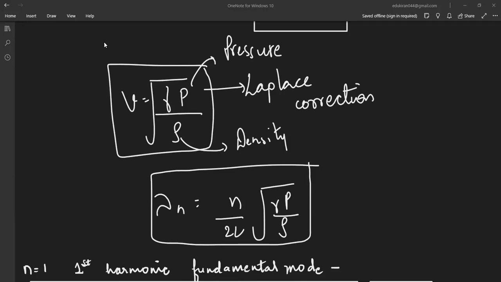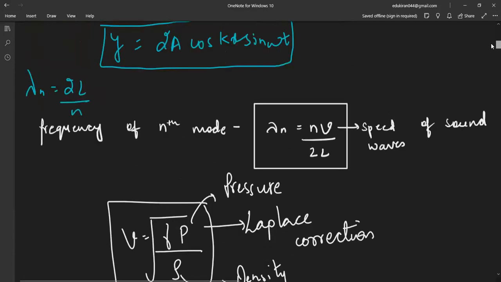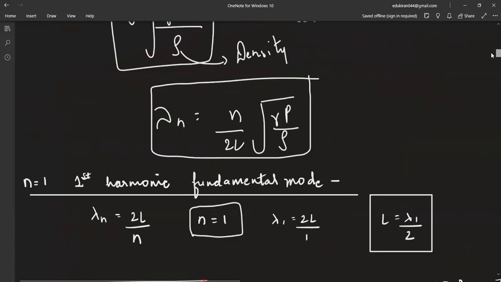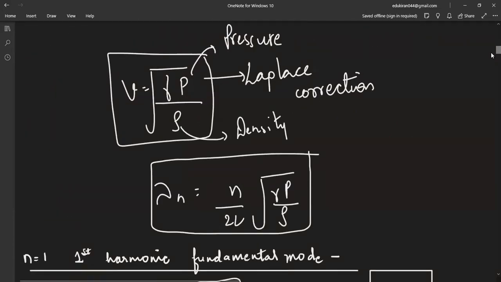Gamma is the coefficient of volume expansion? Yes, Harsha? No, gamma is the constant Cp over Cv. We had done this in the thermal unit, thermal physics also we had seen. Ratio of heat capacities, that's the same thing, Cp over Cv, that is gamma.